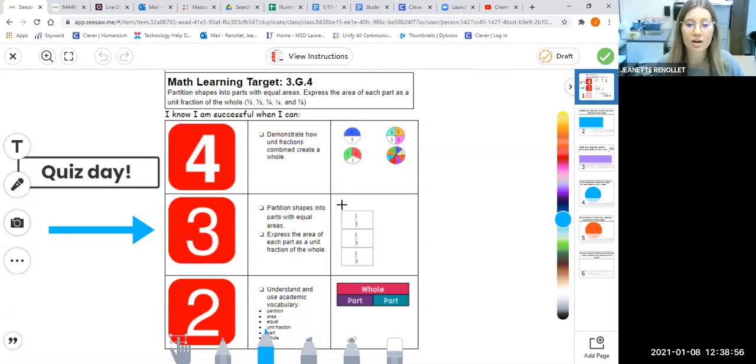Remember, we are working on this learning target. Today is a quiz day. We are going to show our knowledge of partitioning shapes into equal areas and writing the area of each part as a unit fraction, labeling the unit fraction, just like this picture here. That is what you're going to show your knowledge of today.